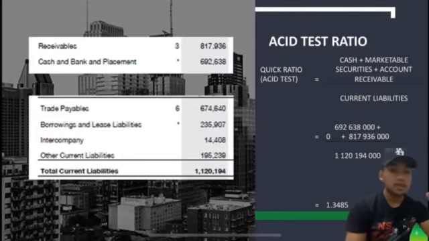Okay, next is asset test ratio for Sunway Construction Group Berhad. The formula is cash plus marketable security plus account receivable divided by current liability. So I get 1.3485 for the asset test ratio.